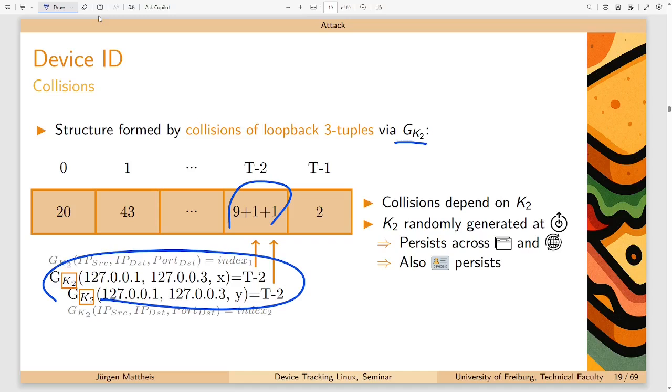This key K2 persists because it's at the kernel level. It persists across browser sessions and network changes. And because the device ID depends on K2, this device ID also persists across browser sessions and network changes.